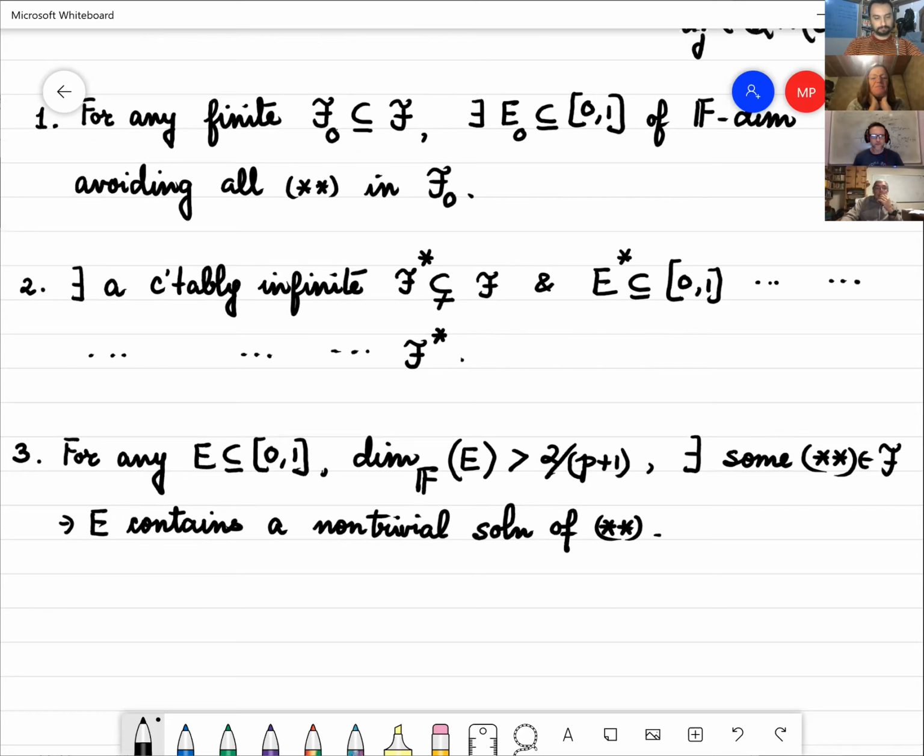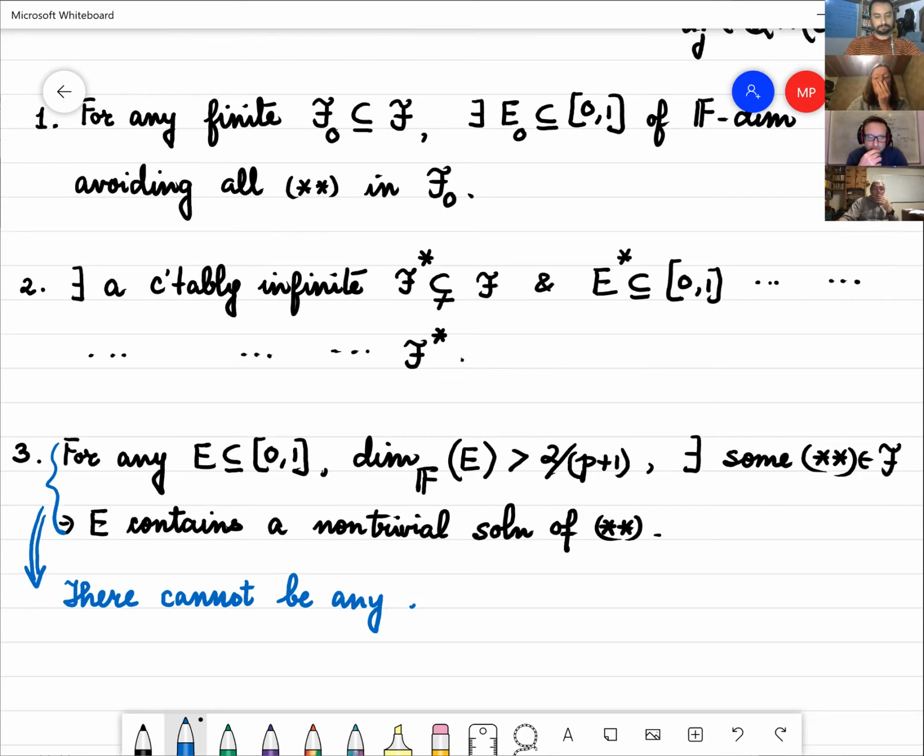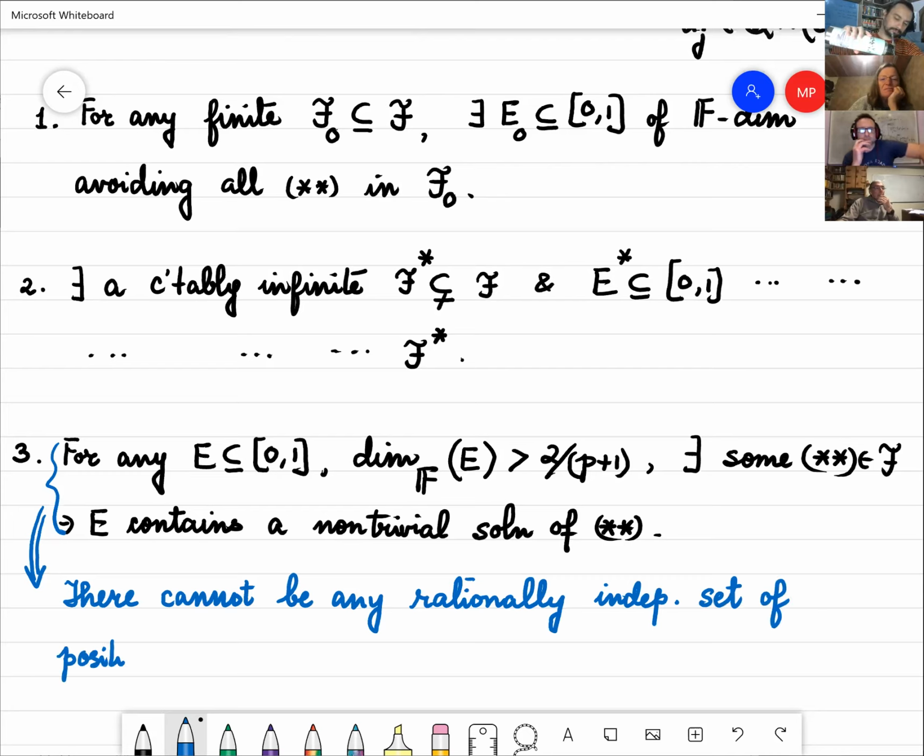Okay, so this is the one that ought to be compared with the result of... so one corollary of this is that there cannot be any rationally independent set of positive Fourier dimension.